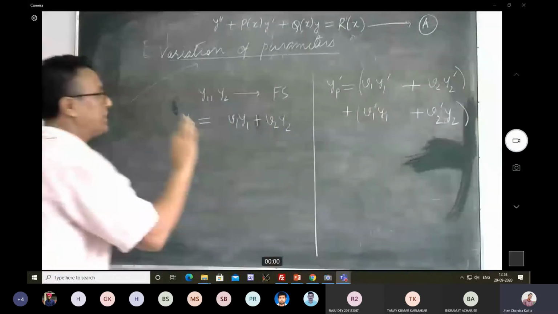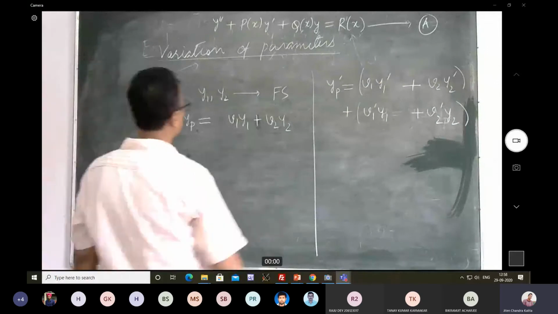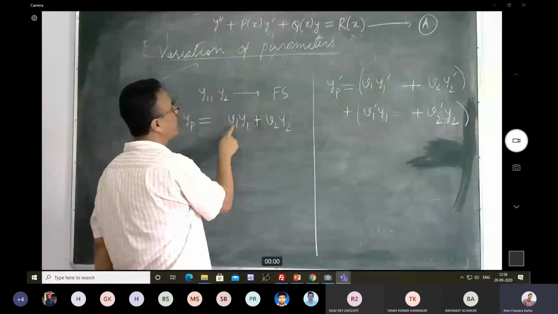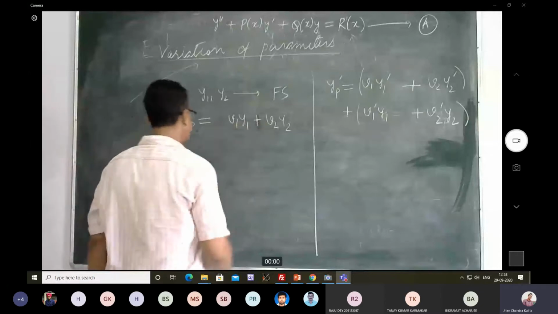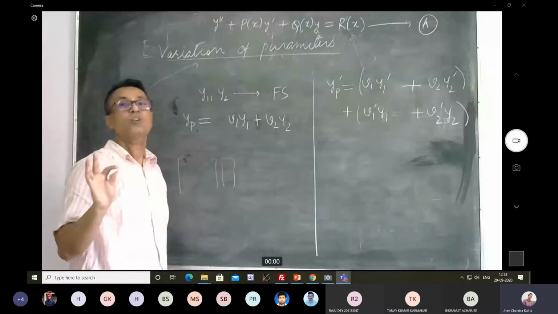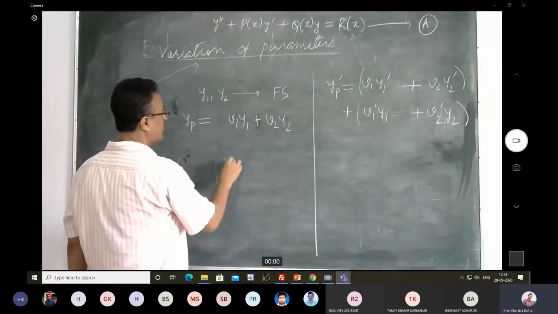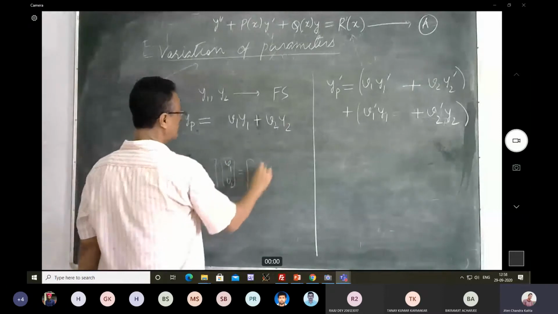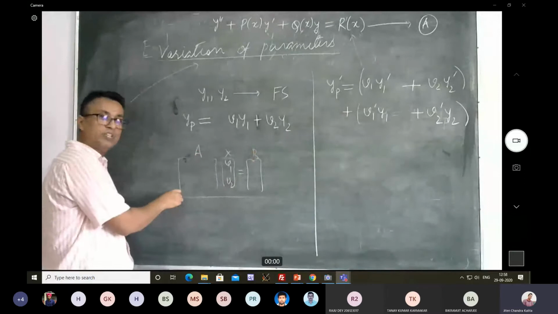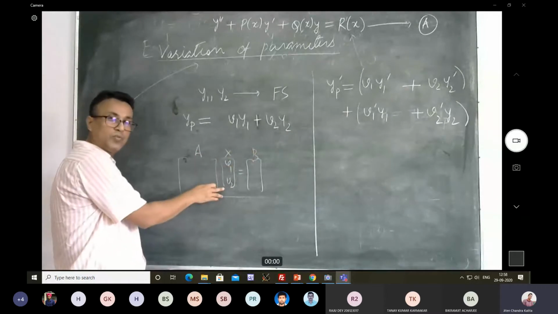Before proceeding further, in order to determine v1 and v2, we would be needing a system of two equations, something like Ax equals b.